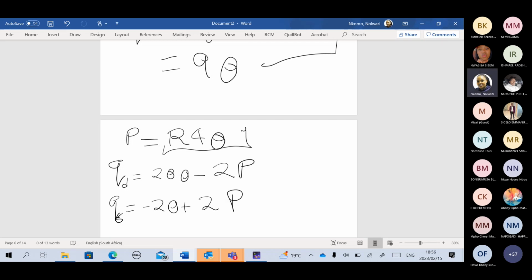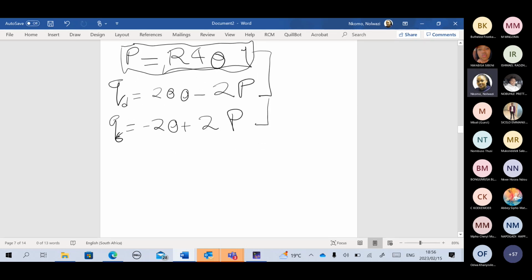So if we use this ceiling here, we will get the number of units demanded, and here we'll get the number of units supplied if this is our maximum price.